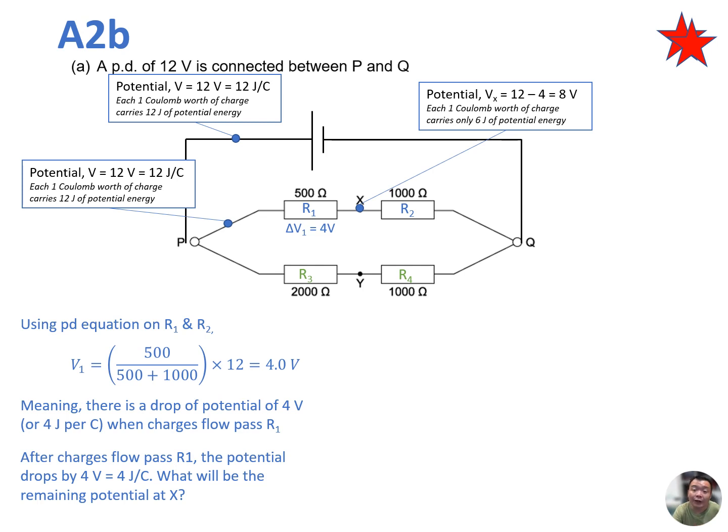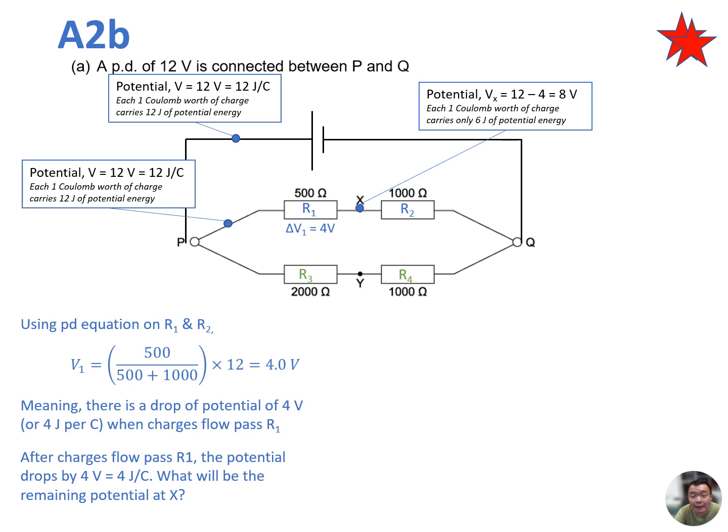This means that the potential at X will only be 8 volts. In other words, at point X, if I take out 1 coulomb worth of charges and I measure the potential energy, there will only be 8 joules remaining. 4 joules has already been transferred and converted to the resistor R1 for it to operate.